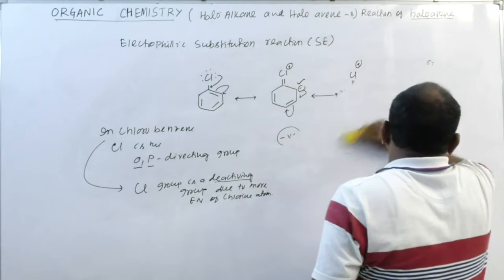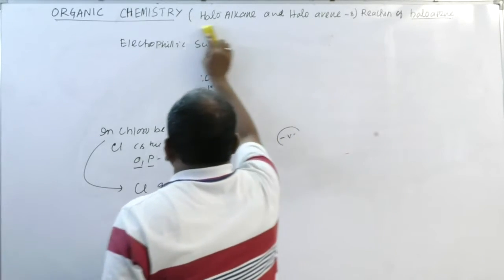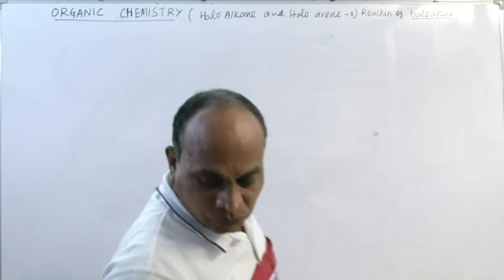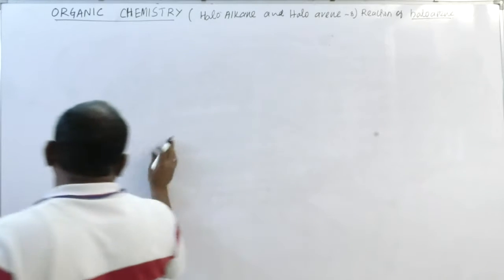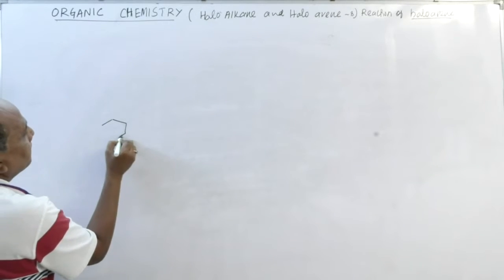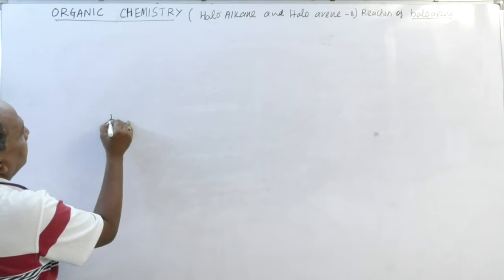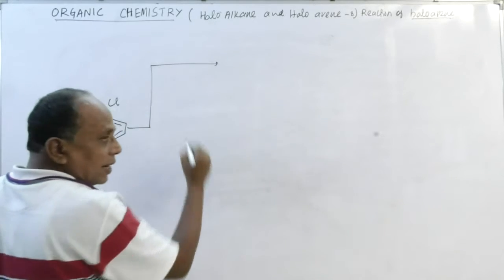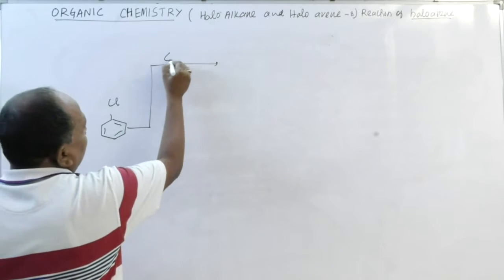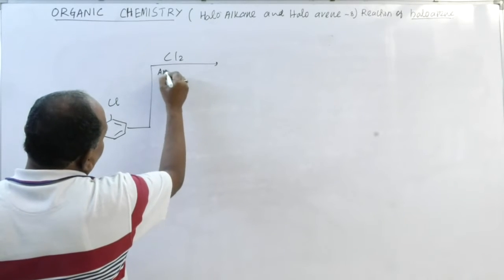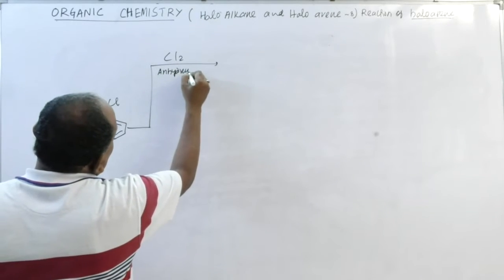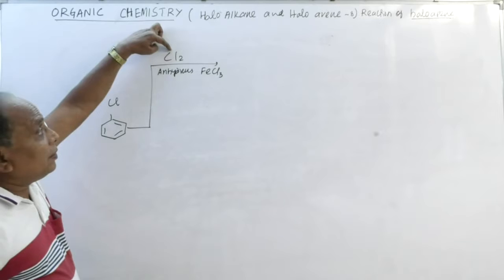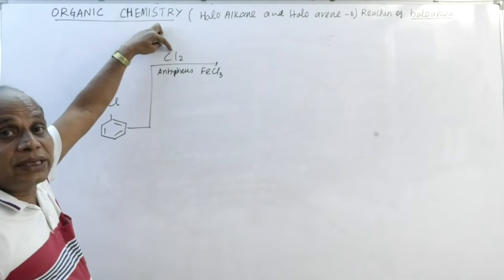Let us consider the electrophilic substitution reactions of chlorobenzene one by one. So you take chlorobenzene. When this chlorobenzene undergoes electrophilic substitution reaction, when treated with chlorine in presence of anhydrous ferric chloride, the chlorine furnishes the chloronium ion, Cl plus ion.